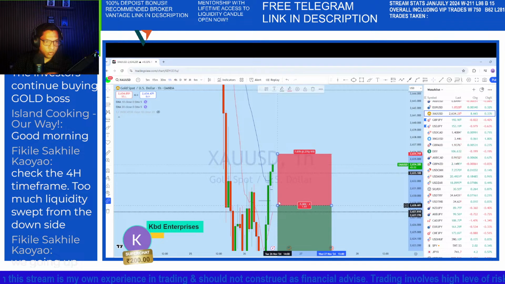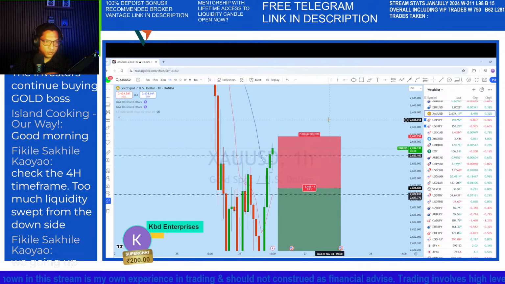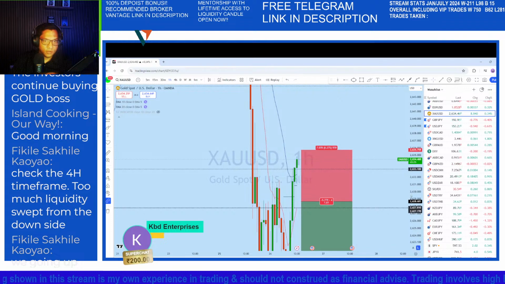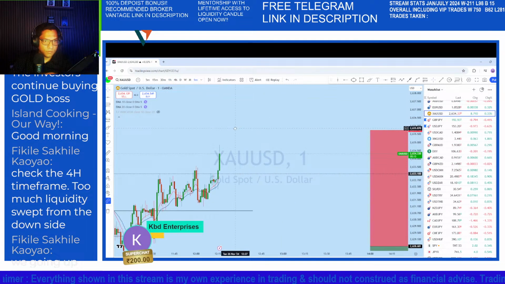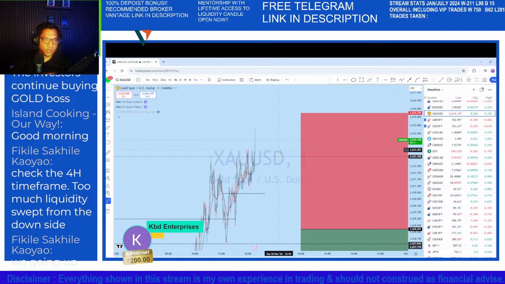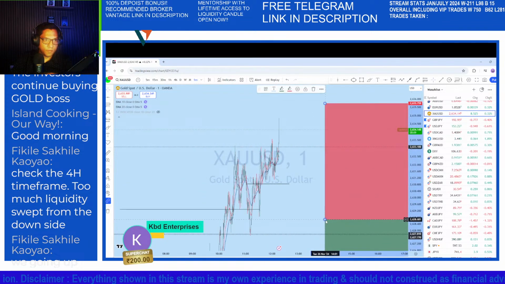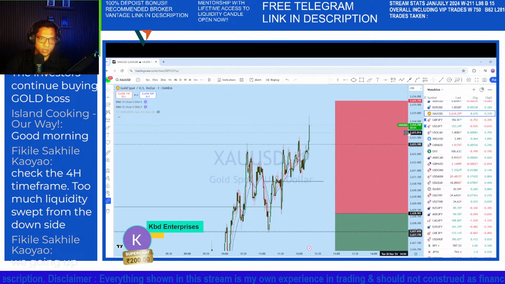So the 1 hour candle closed with a bullish candle, and we'll see if it is a trend continuation or further downside.